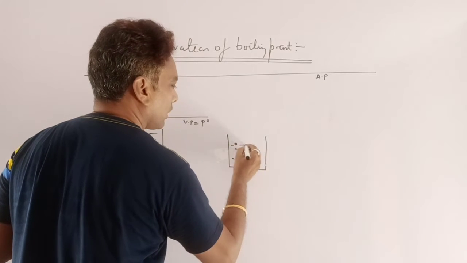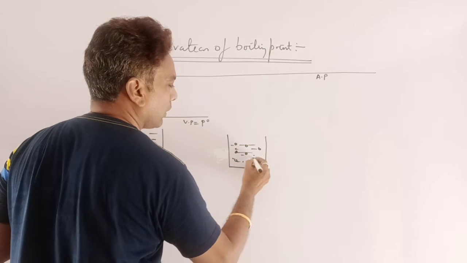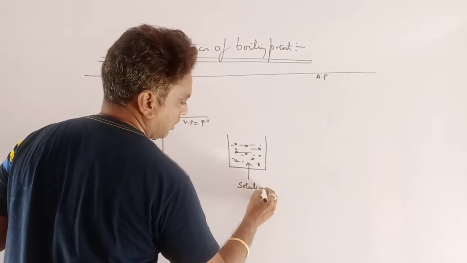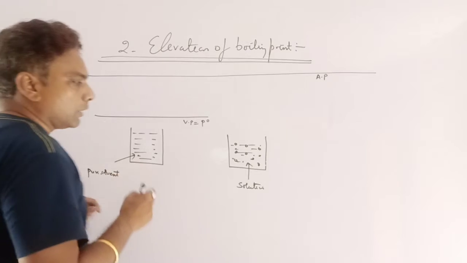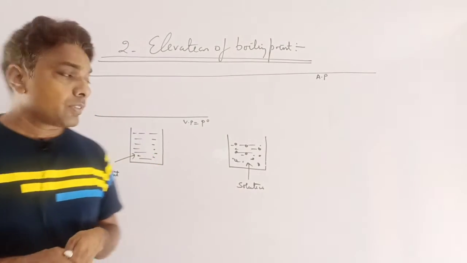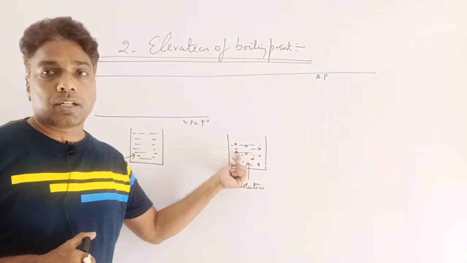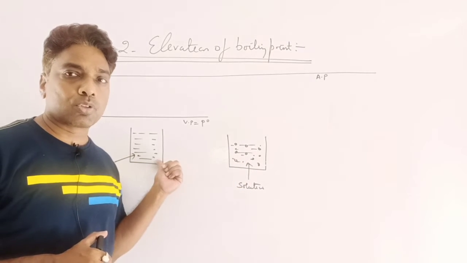Now if some solute particles like glucose or urea dissolve in the pure solvent, then we make a solution, and we have already studied that the vapor pressure of the solution is less than the vapor pressure of the pure solvent.